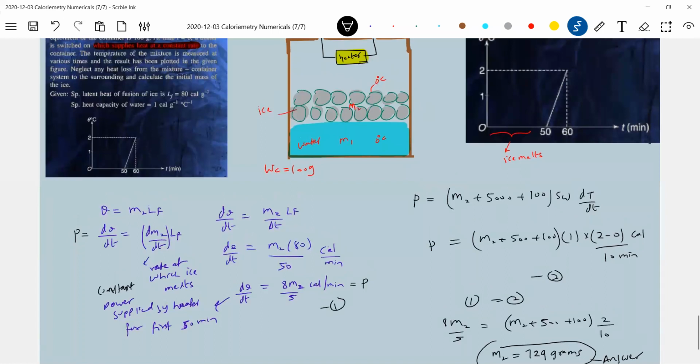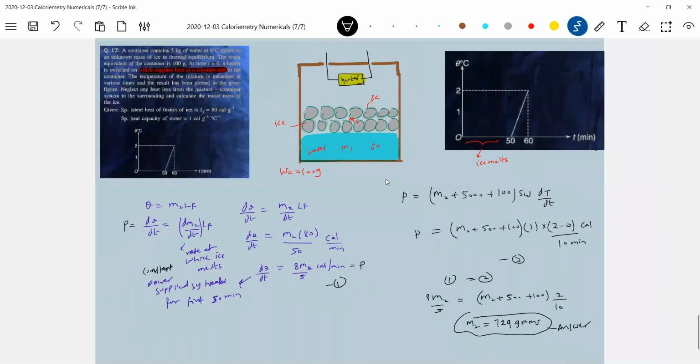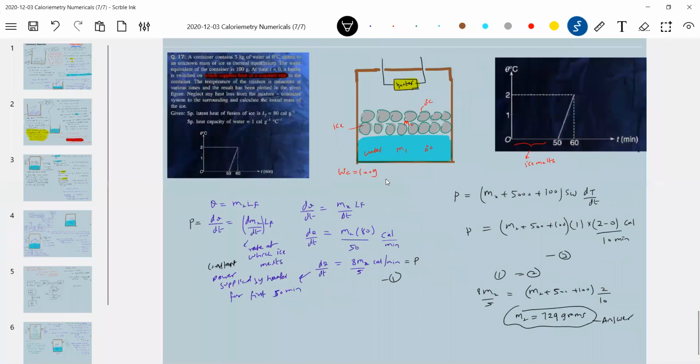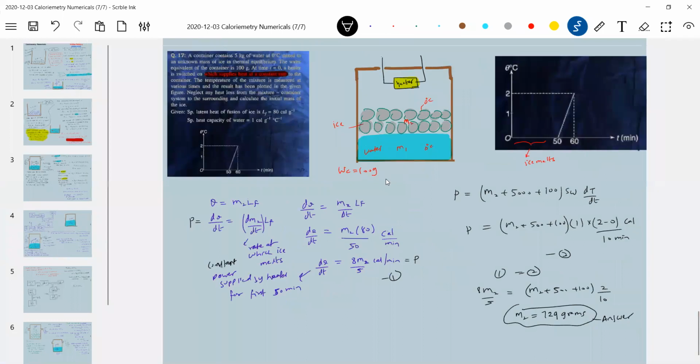Which supplies heat at a constant rate. I think that is very important. Without that, it's not possible. Sir, 728 grams. 728 or 728.5? Why so many? Some say 340 grams, 1400 grams, 728.5, 85.5, 85.7.